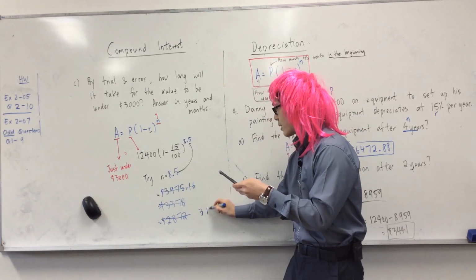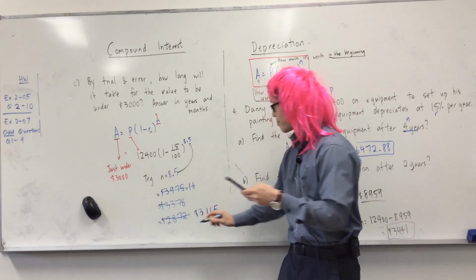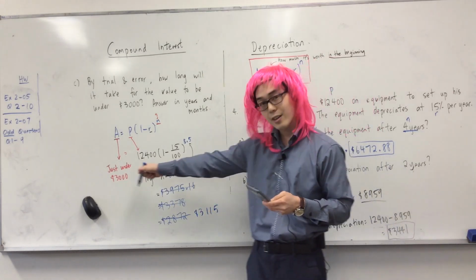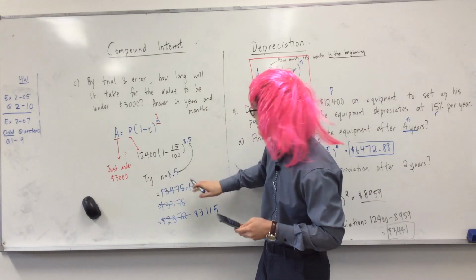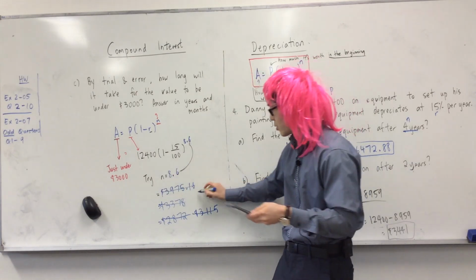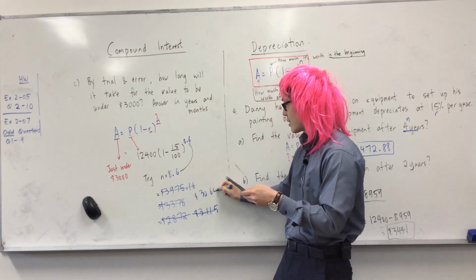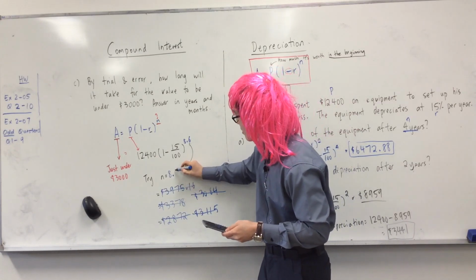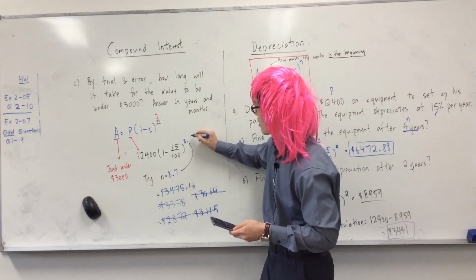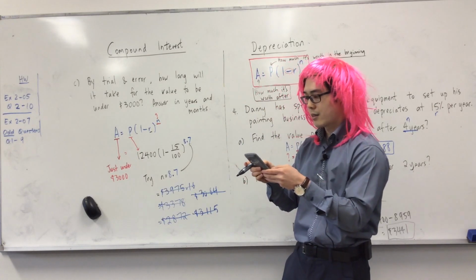$3,115. We're getting very close to 3,000, but it's not under 3,000. That means I want a higher number than 8.5. It's still not under 3,000. I get 3,064, very close, but not that. So I'm pretty sure my answer has to be 8.7. Surely that's got to be under 3,000.